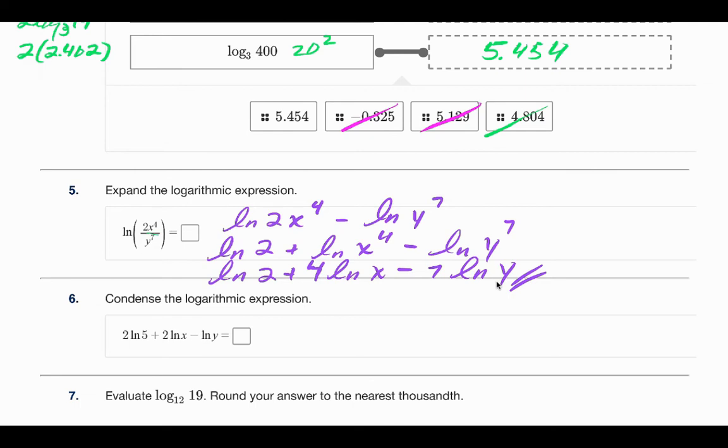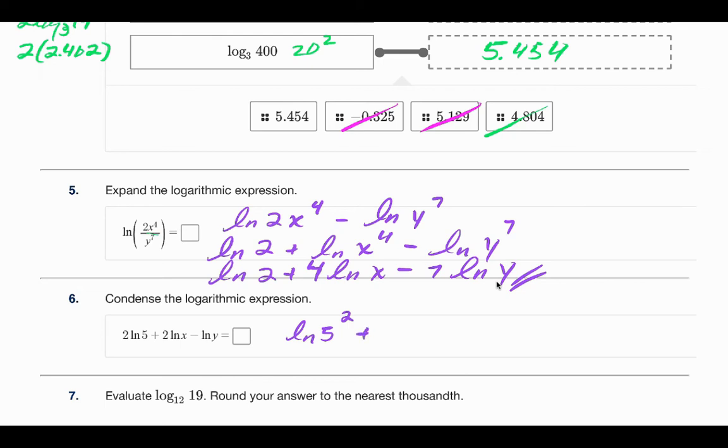Okay. The next one here is we're going to condense it. We just expanded it. Now we're going to bring it all together. So we have 3 natural logs here. We're going to want to end up with just one. So we're basically going to do it in the opposite direction. So we have this 2 ln 5. Remember, I can bring that 2 up as an exponent.